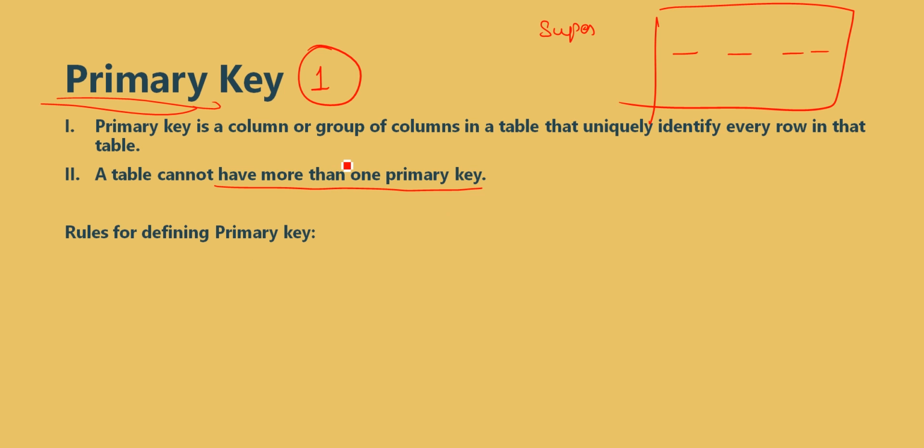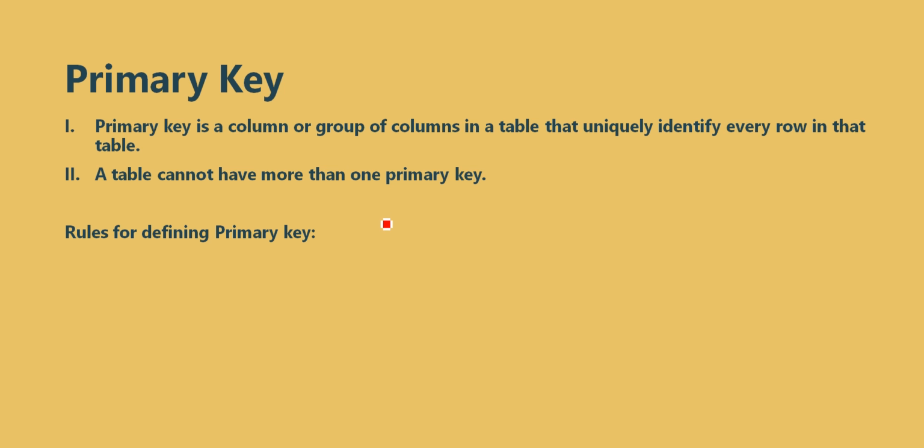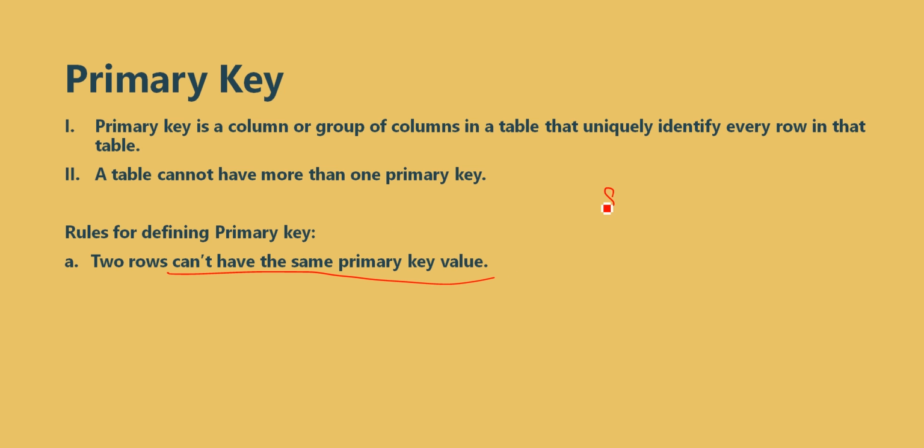Rules for identifying a primary key. What are the rules based on which I will select which one should be the primary key? The first rule says that two rows can't have the same primary key value. Let's say I create student ID as a primary key, but at a later point of time, some student has a repeated student ID. Let's say this one is James, and this one is Meera, and both have the same student ID.